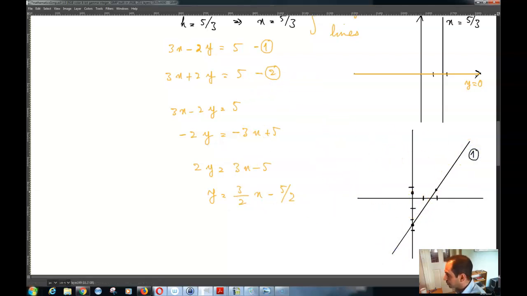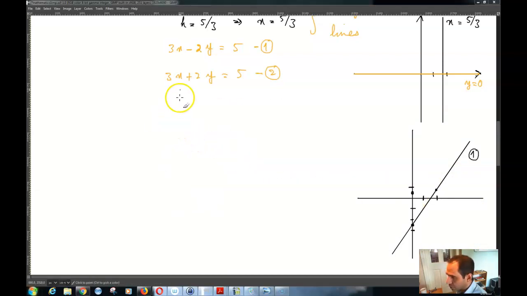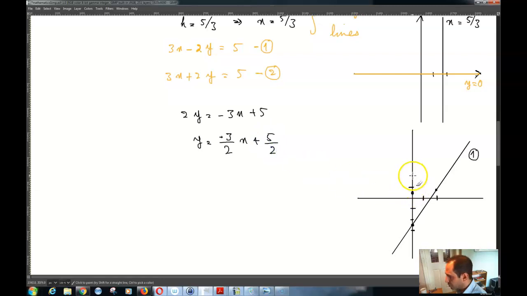Now number 2. Number 2 is 2y is equal to negative 3x plus 5, or y is equal to negative 3/2 x plus 5/2, which means this point over here is your y-intercept, and your slope is negative 3/2. That means for 2 units of horizontal change you have negative 3 units of vertical change.